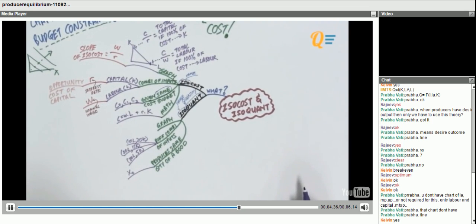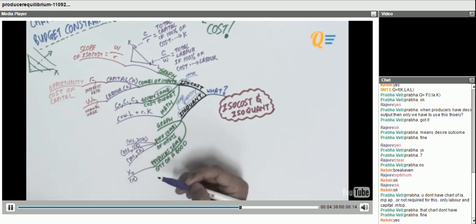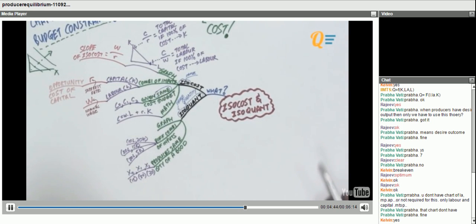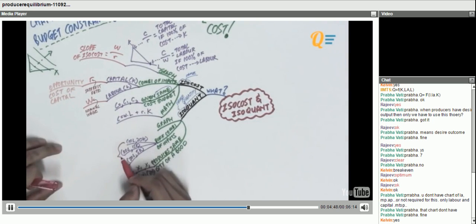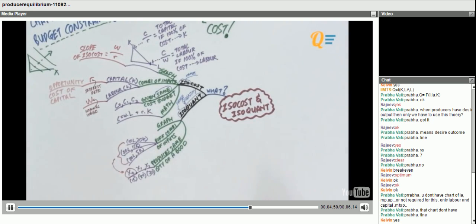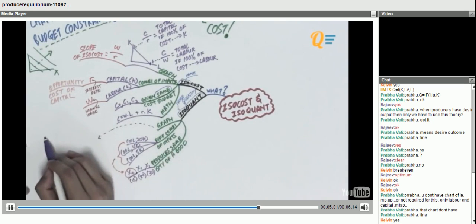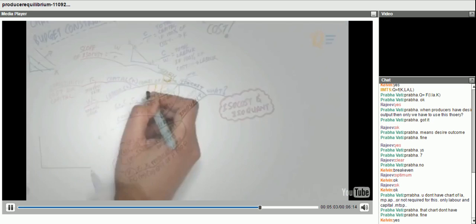So maybe X naught is, say, 15 units of X. If you're going to increase the quantity produced to X1 or X2, you're going to have to increase the amount of inputs that they put into the bundles, right? So in conclusion, all these bundles here can actually produce X naught amount of X. Okay, so that's what it means by the different combination of inputs that produces the same quantity of a particular good. So let's look at this graphically.